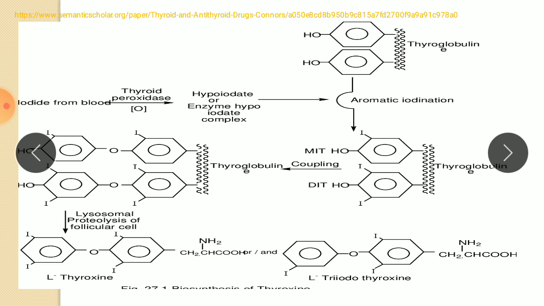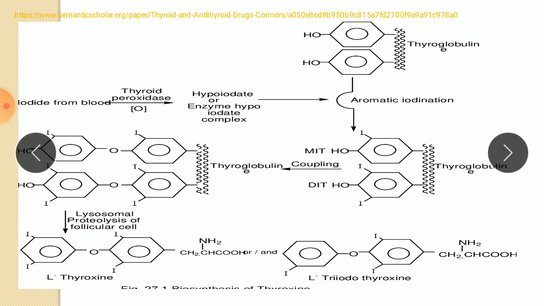So in short, in the first step there is uptake of iodine from the diet or blood. Then in the second step this iodine is activated by an oxidation process, and the iodide is converted into a highly oxidative state, that is hypoiodate or enzyme-linked iodate, or hypoiodous acid.